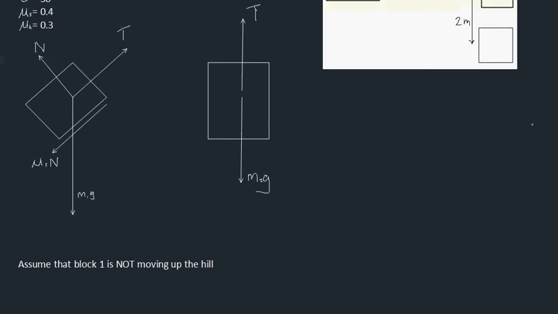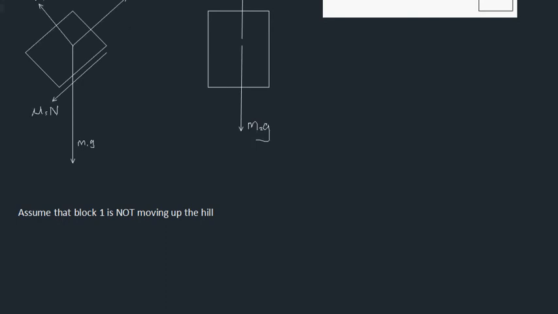Let's first calculate the force analysis on block 2. So let me just do that real quick. This is block 2. Let's do a force analysis on block 2 under this assumption. Alright, there's only one direction the forces are acting, so we can easily write that the sum of forces in the y direction is going to be equal to 0.